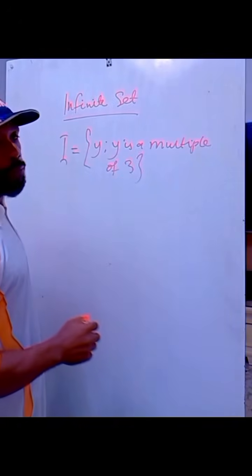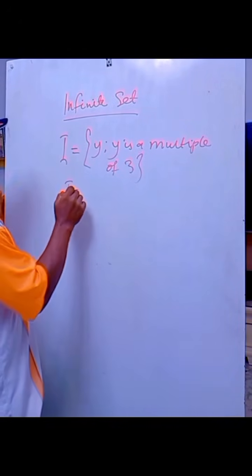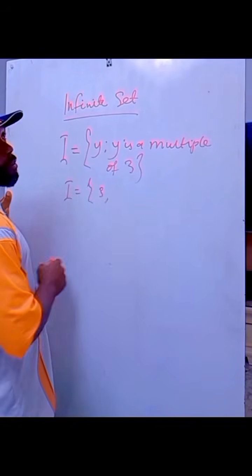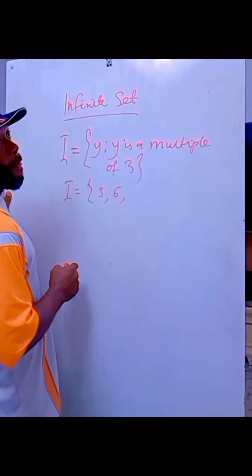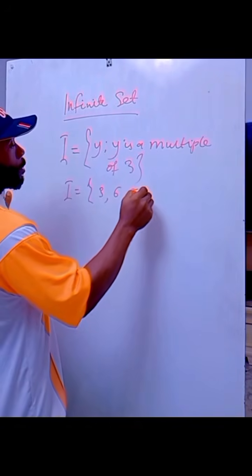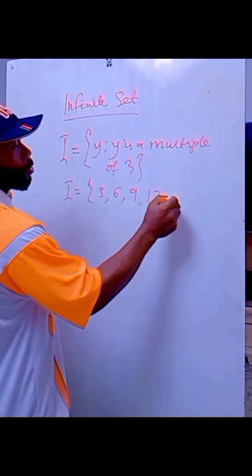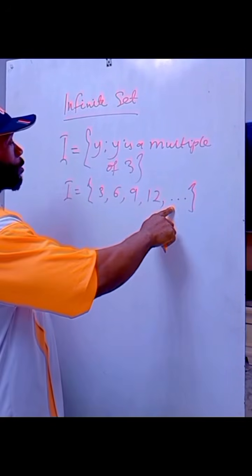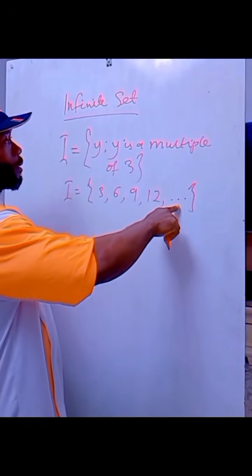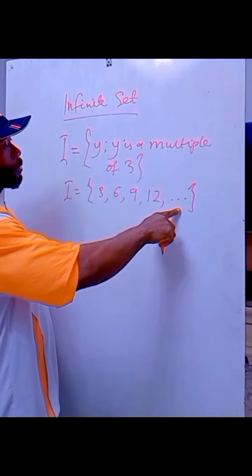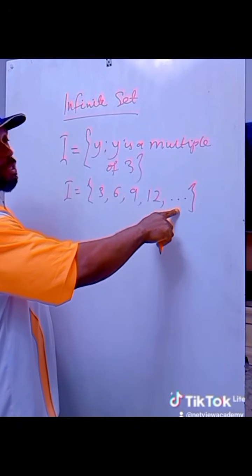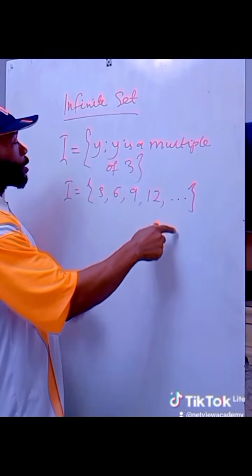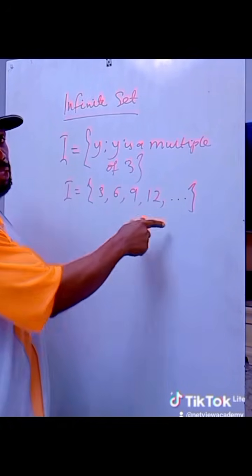If y is a multiple of 3, it therefore means that the elements of set I are 3, 6, 9, 12, and so on. So there is no end to the number of the multiples of 3. So it is infinite according to the description of this set. Therefore, this is an infinite set.